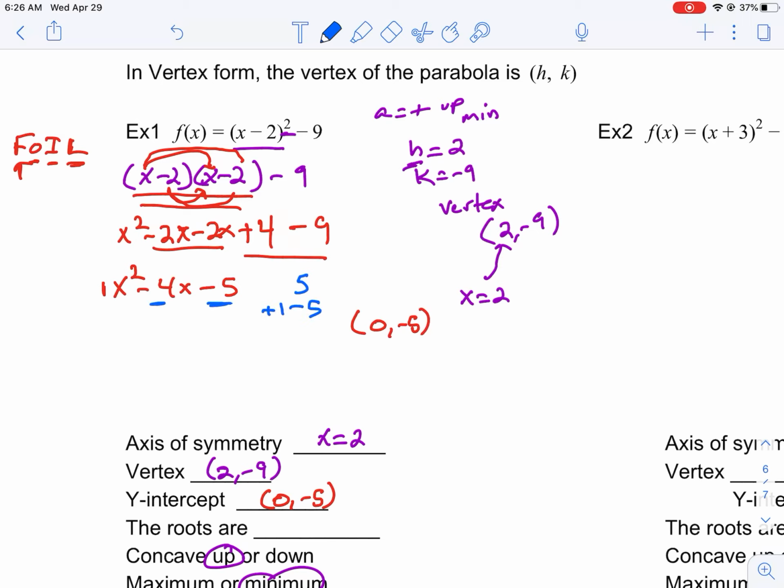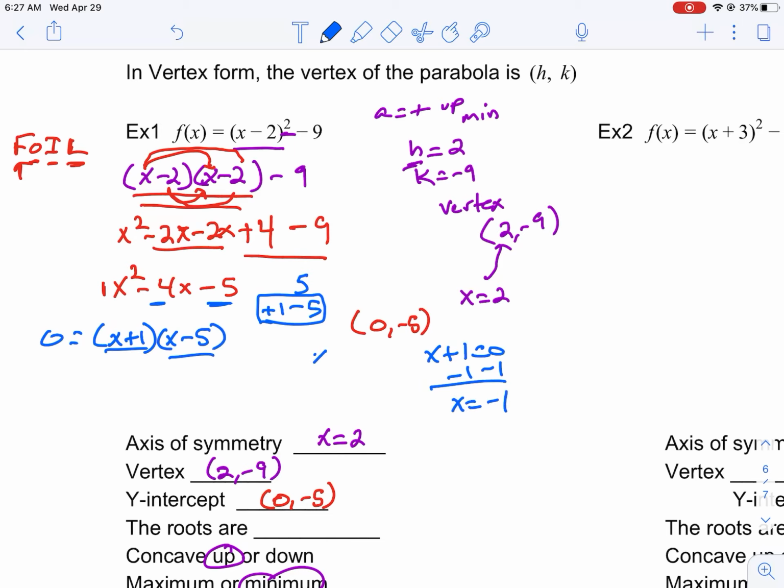The largest one is negative. That's the only pair. It should equal negative 4. So I have x plus 1, x minus 5. Set this equal to 0. And now solve. X plus 1 equals 0. X equals negative 1. Set that equal. X minus 5 equals 0.